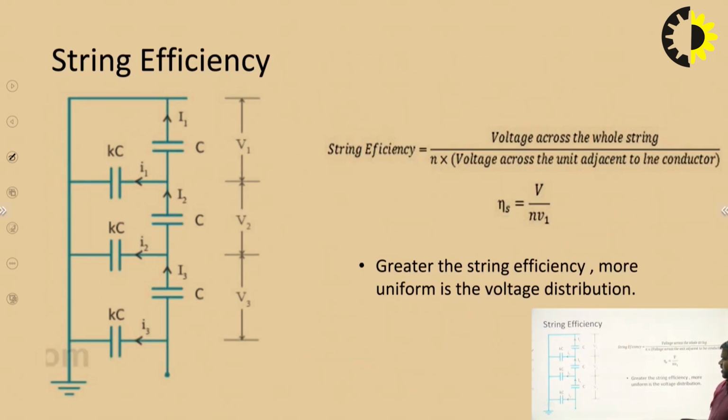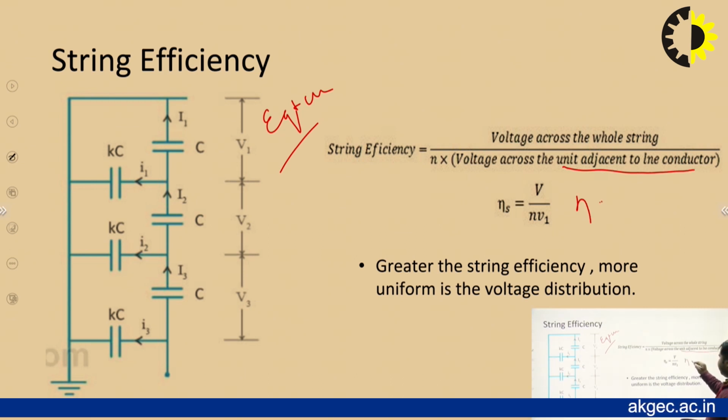If we wish to calculate the string efficiency, in this equivalent circuit we have seen the voltage levels of V1, V2 and V3. So the string efficiency is calculated as the voltage across the whole string divided by N into the voltage across the unit adjacent to the line conductor.